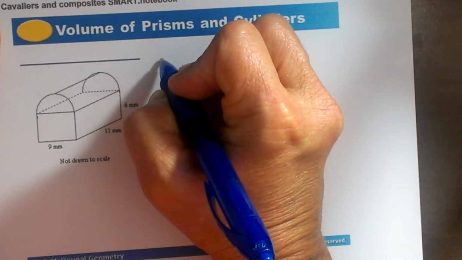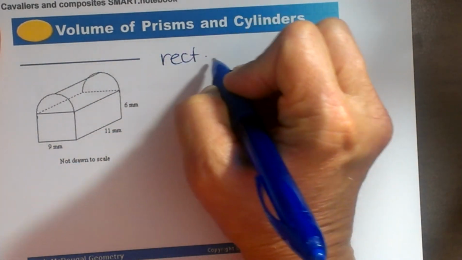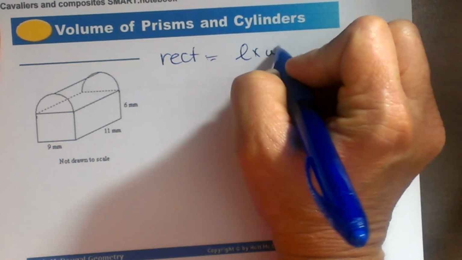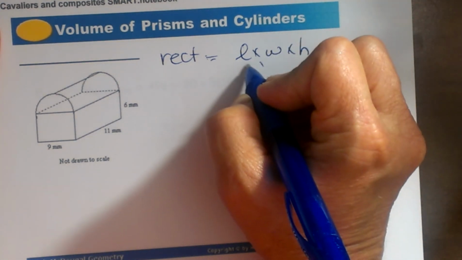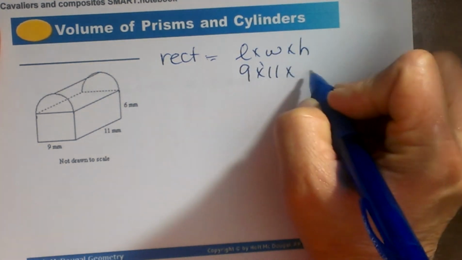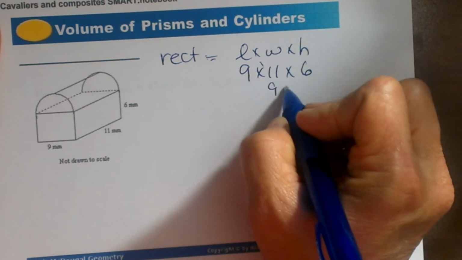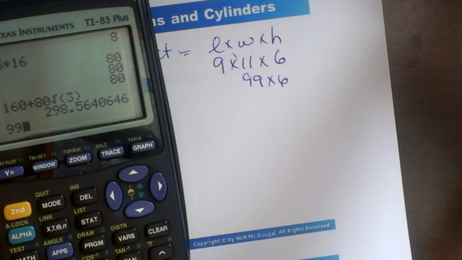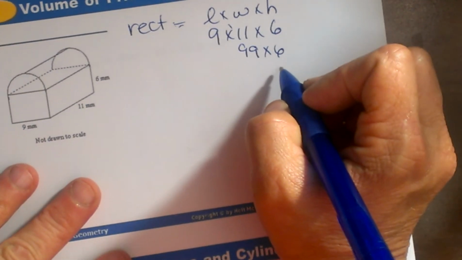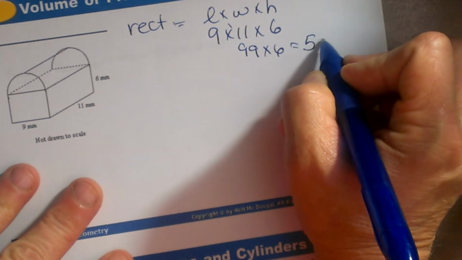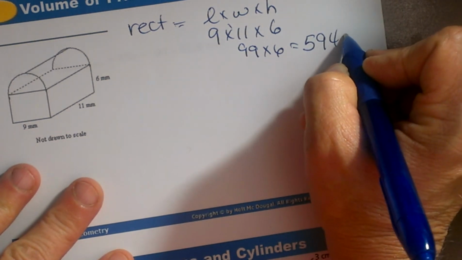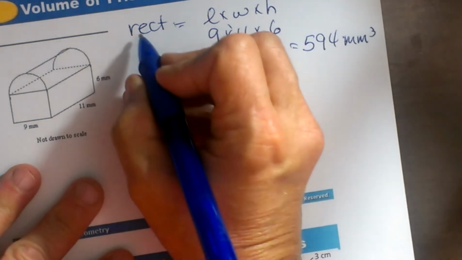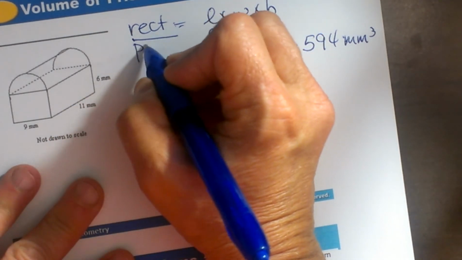So the rectangular prism is going to be length times width times height, or 9 times 11 times 6. So 99 times 6 is 500 and what? Something, almost 600. 6 short of 600, right? 594 cubic millimeters. Okay, so that part's easy, the rectangular prism.